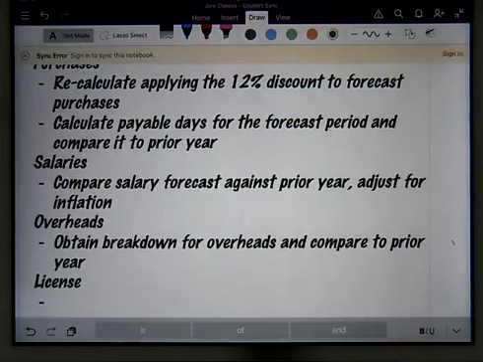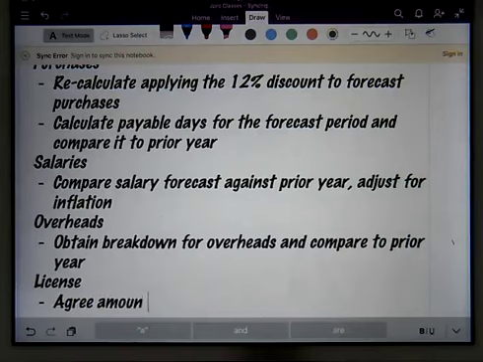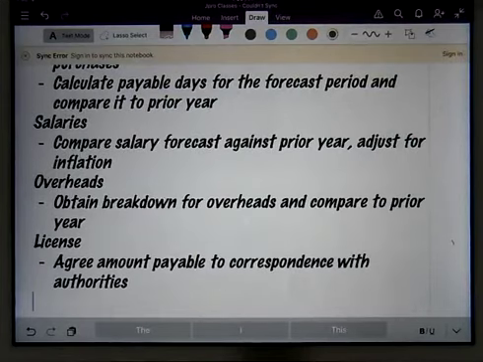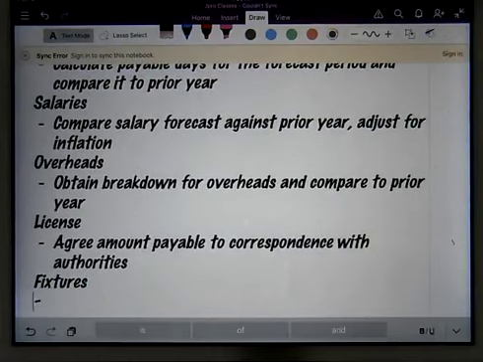What about your license? So agree the amount payable to... Fixtures, how? Fixtures, how?